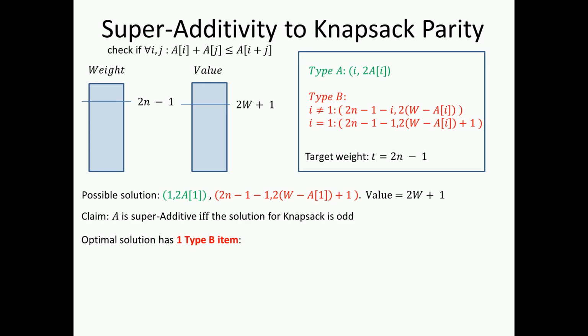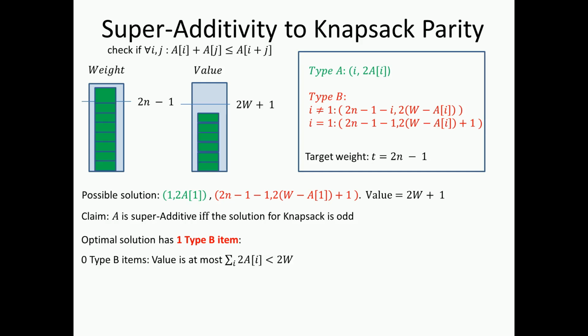We want to show first that the optimal solution has exactly one type B item. This is because if we have 0 type B items, then the maximum value we can get is by taking all of the type A items, and the value would be at most the sum of 2 times a_i for every i, but this is smaller than 2 times W, where W is a big enough value.